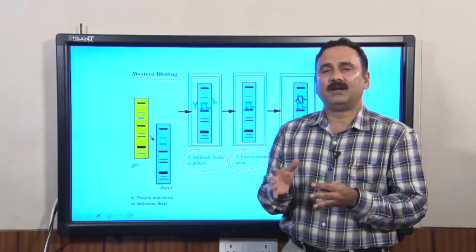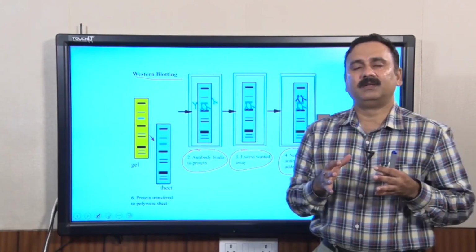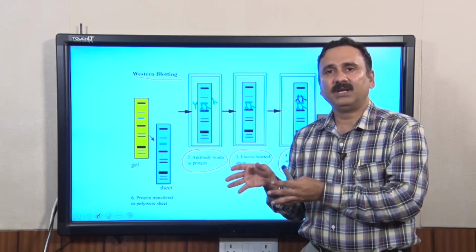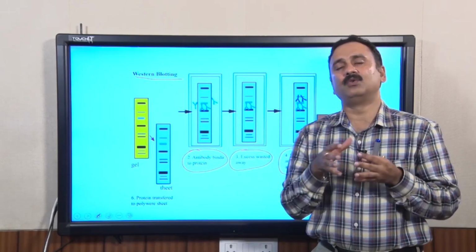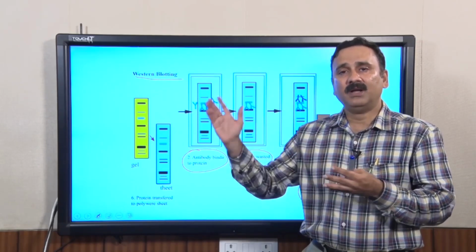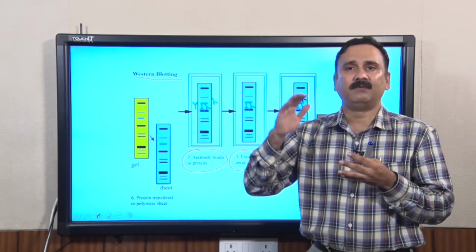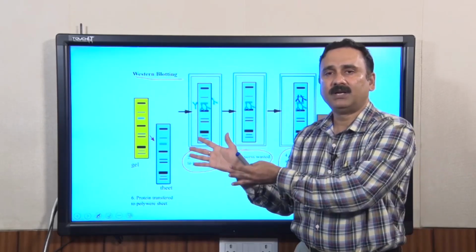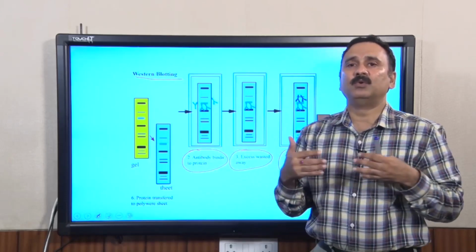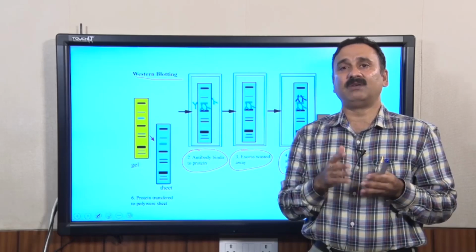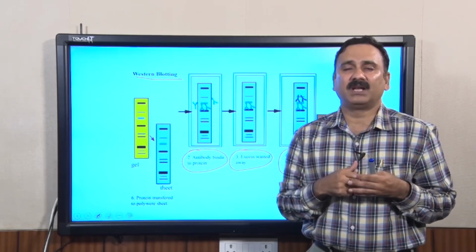In this demo video, Banesh has discussed different aspects of Western blotting: how to set up the cassettes, how to transfer the protein from the gel to the nitrocellulose membrane, how to do the blocking and all other steps involved in Western blotting, which we have discussed in our lecture as well.